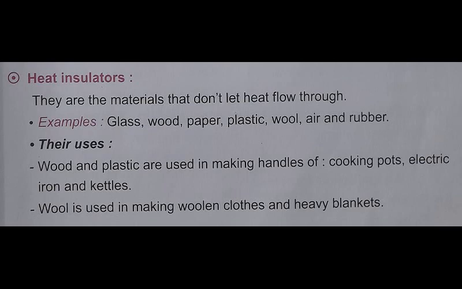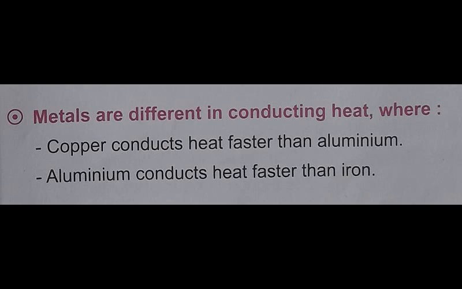Wool is used in making woolen clothes and heavy blankets. Metals are different in conducting heat, where copper conducts heat faster than aluminum, and aluminum conducts heat faster than iron.